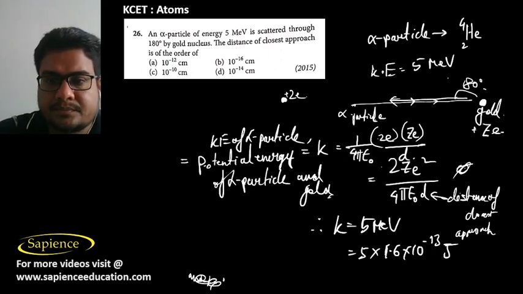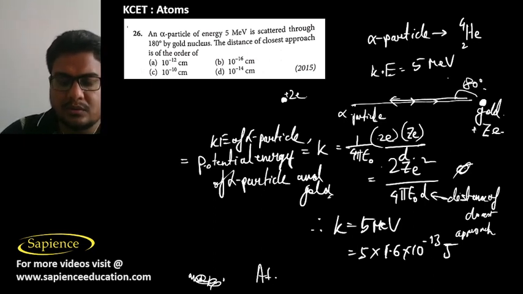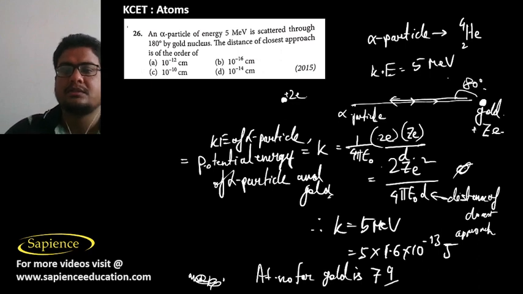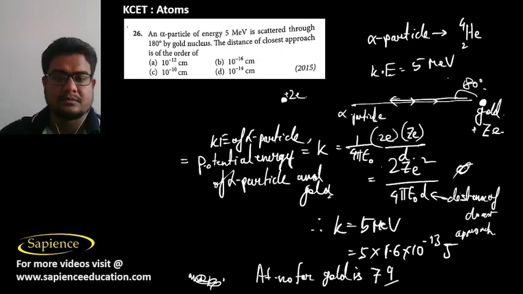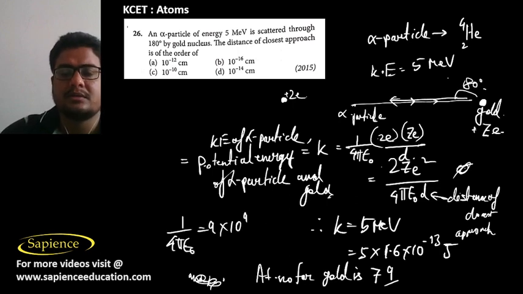Then for gold, the atomic number is 79, so the value of Z is 79. And 1 by 4 pi epsilon naught, its value is 9 into 10 power 9.